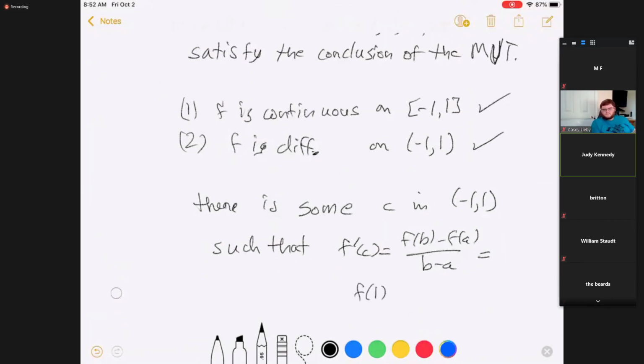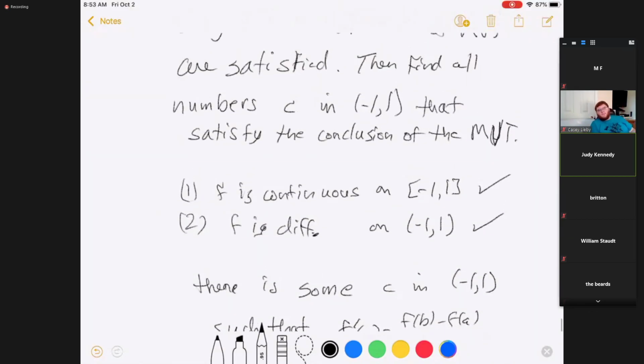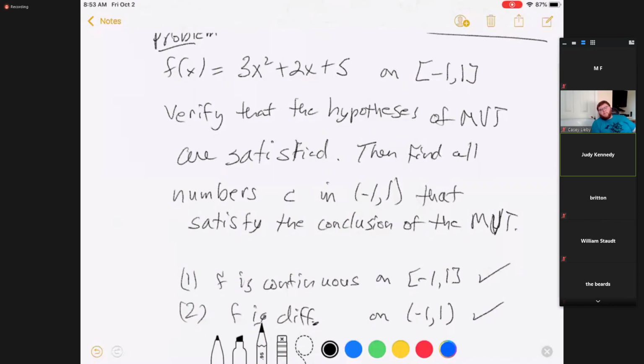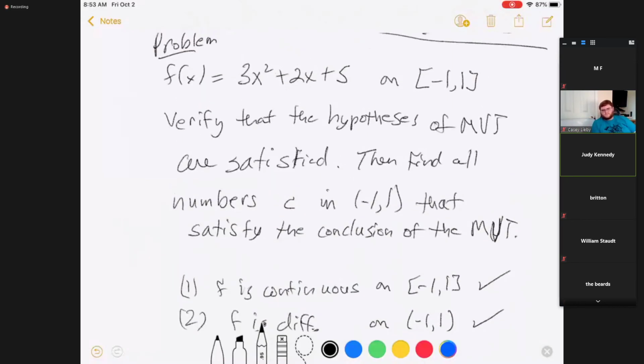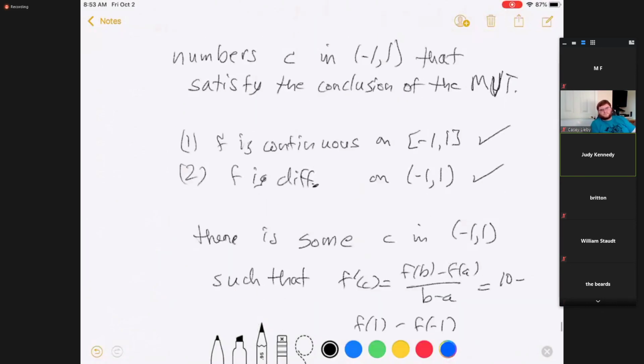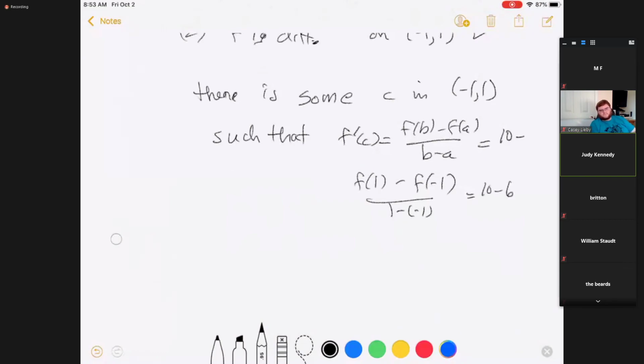That's f of 1 minus f of -1 over 1 minus -1. f of 1 would be 3 plus 2 plus 5, which is 10. f of -1 would be 3 minus 2 plus 5, which is 6. Over 2, which was 4 over 2, which was 2.